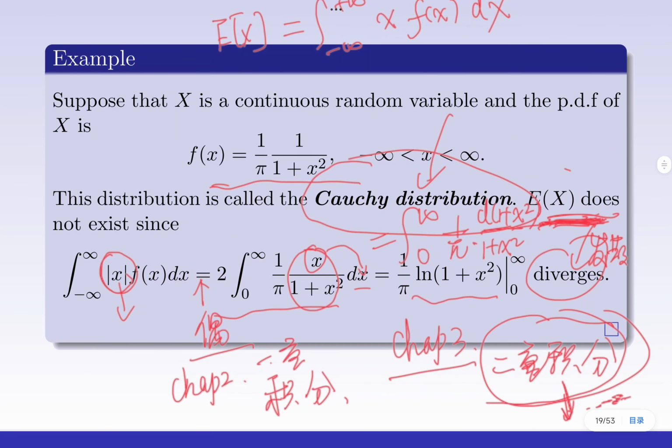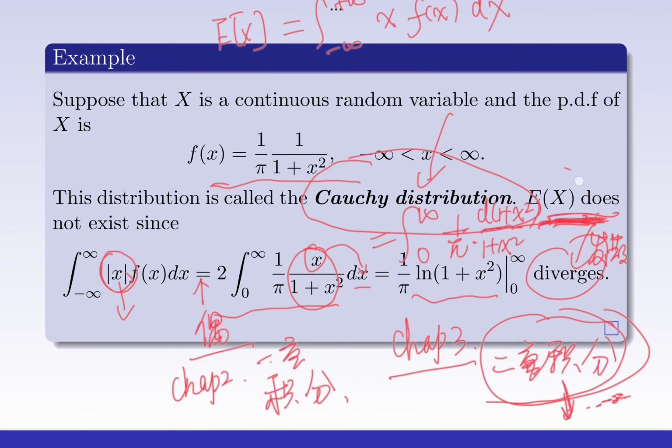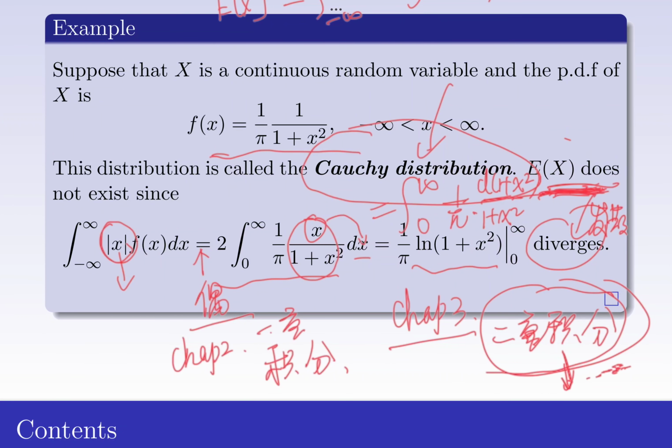Okay, there is another thing, the conditional PDF, the Cauchy distribution.